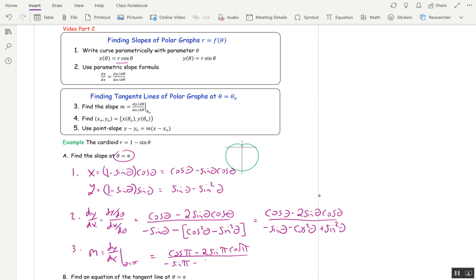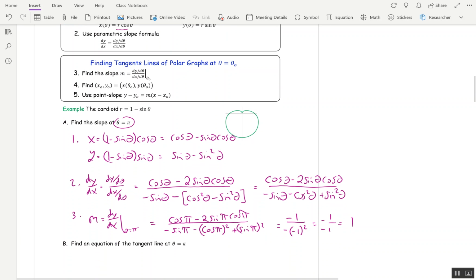And just so I don't make a mistake, I'm going to think of that as cosine pi all squared plus sine pi all squared. Now, of course, sine pi is 0 and cosine pi is negative 1. So on top, I get negative 1. And on the bottom, I get negative 1 squared, which is negative 1. So I've got negative 1 over negative 1, which is 1. So that's my slope m.